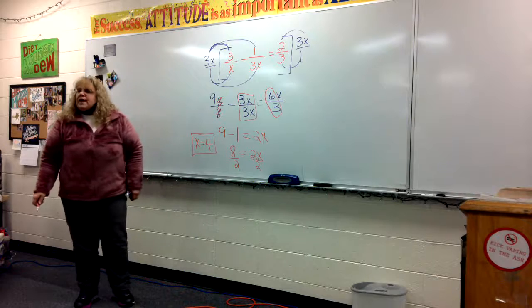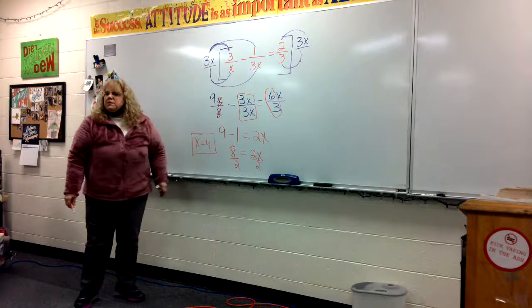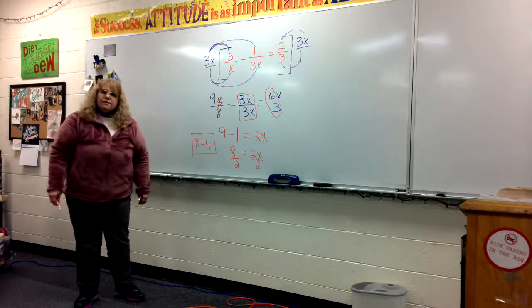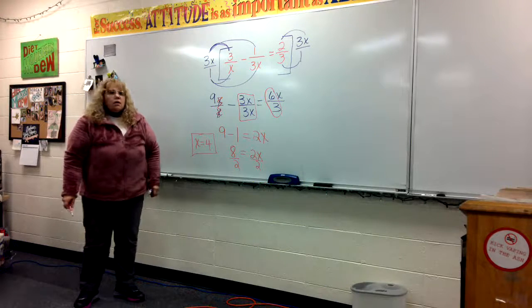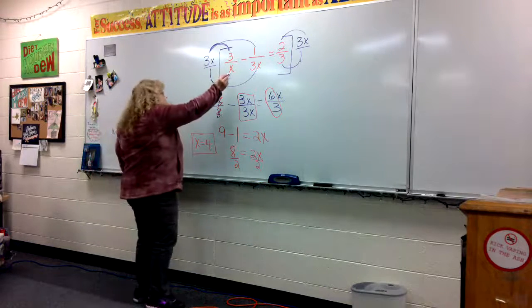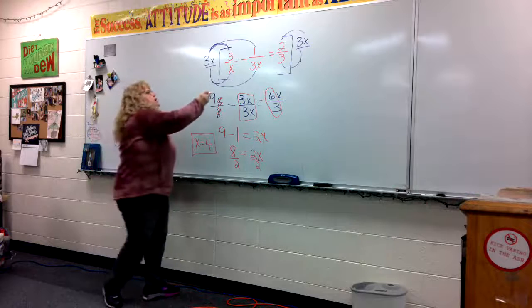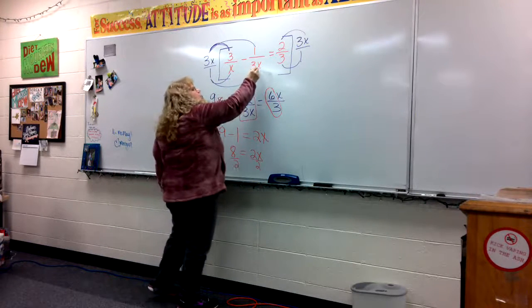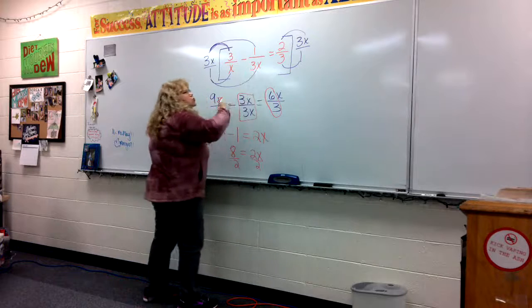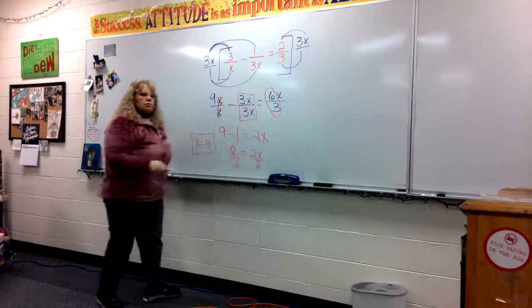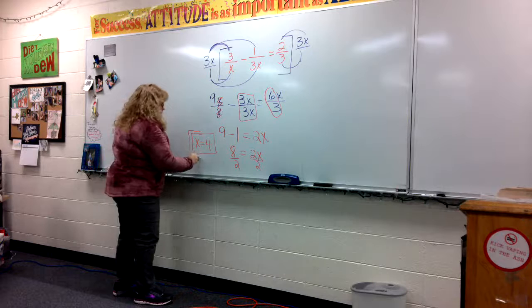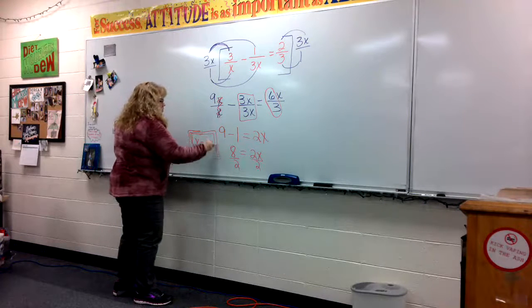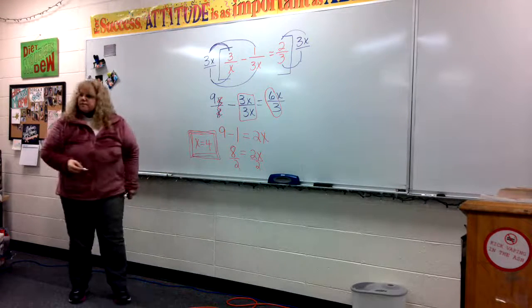And remember, we're not allowed to have any answers that would make your denominator a 0, right? Well, x is 4. If I put a 4 here, that's not going to be 0. If I put a 4 here, 3 times 4 is 12. That won't be 0. So I think we're good. X equals 4.